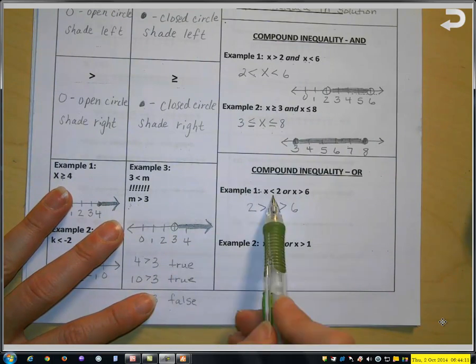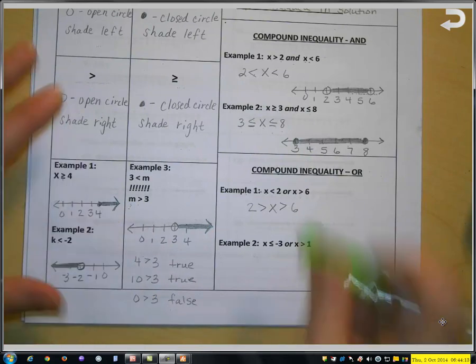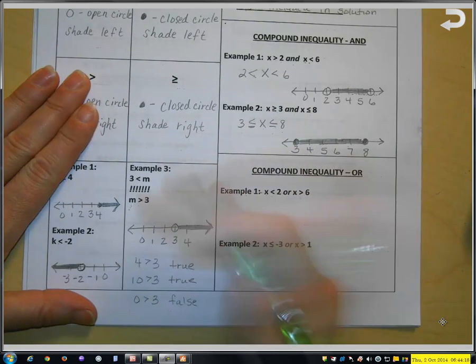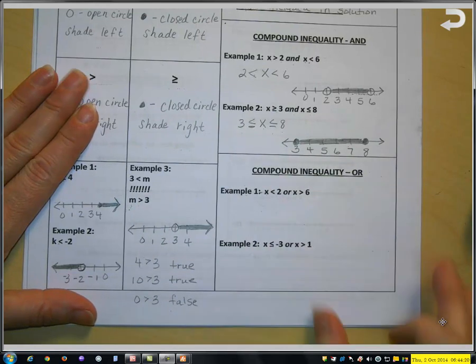So we're not going to try to combine those into one inequality. An OR does not get combined into one inequality, and it'll make a little bit more sense when we graph it here.